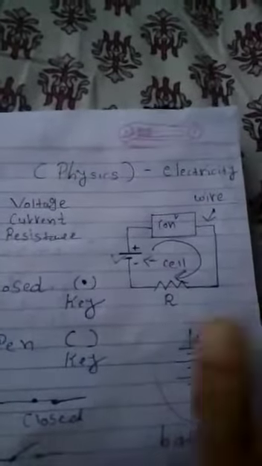Then why do the electric charges, or electrons, flow in this wire? To flow these electrons, we require force. Why? Negative and negative are going to repel. The direction is there, but the motion of electrons is in repulsion form. So for that we require force.